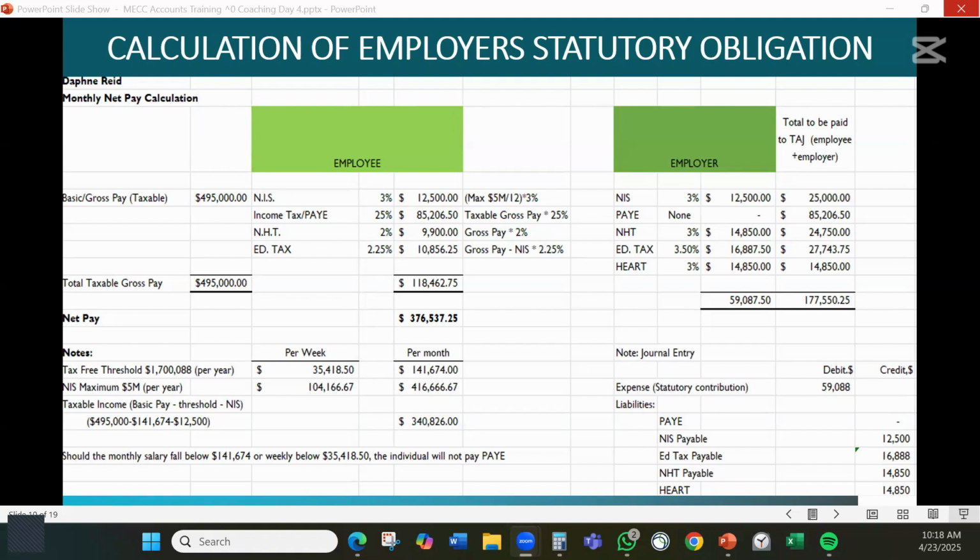At the end of the day, how much are you going to pay her after deducting these taxes? First you calculate the taxes, and then you want to know how much you're going to pay her, how much you're going to pay over to the government, how much you're going to pay on behalf of you as the employer, and how we're going to record it in our books. From NIS to HEART, for the employer.